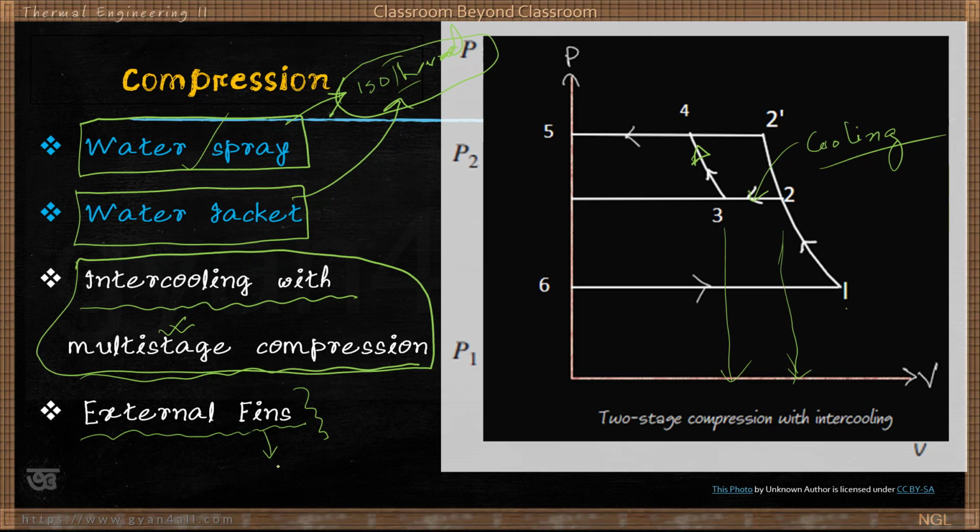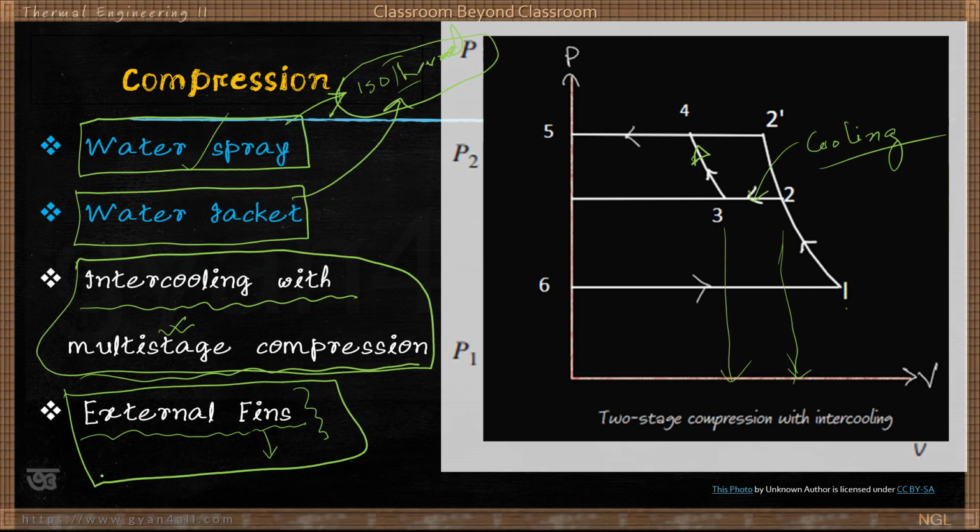So on the compressor surface we can use fins, and probably you have noticed that in those types of compressors, external fins are used. That means it is air cooled, and that is also a cooling system.